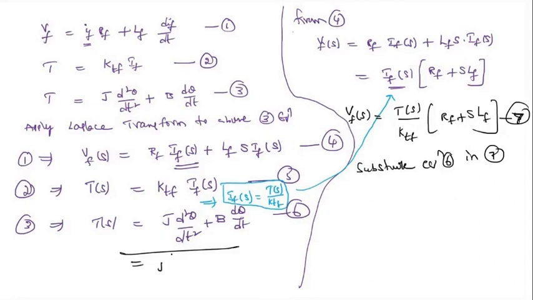If you apply Laplace transform, J d²θ becomes J s² θ(s) plus B s θ(s). Now this equation will be substituted here. You will get, let me write in the next slide, Vf equals to T(s) by KTF.